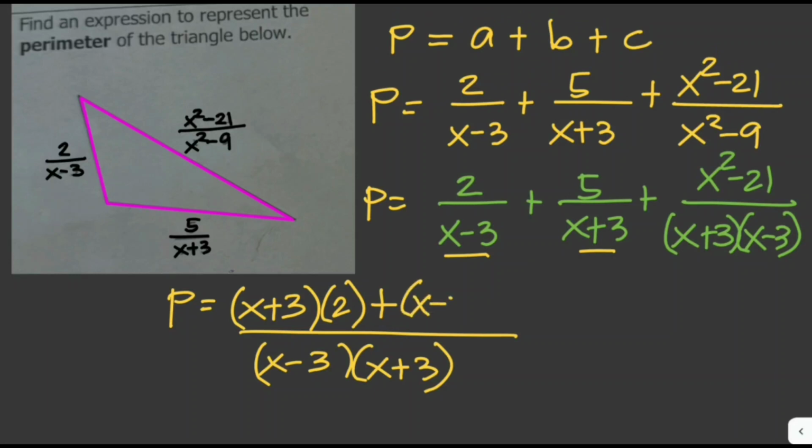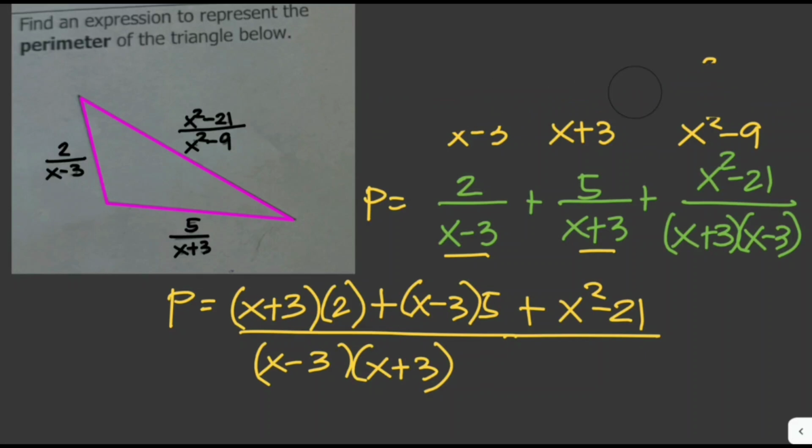We have x minus 3 times 5. Then we have x squared minus 21. And then we simplify this further.